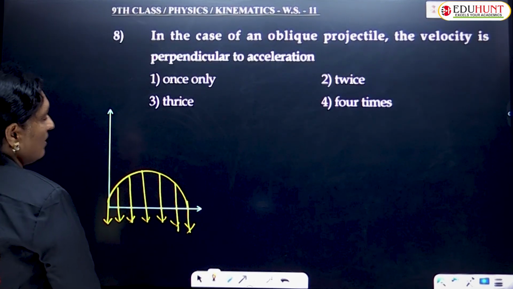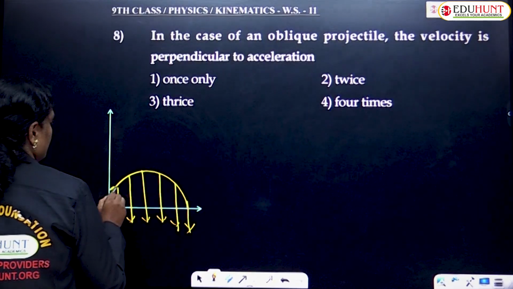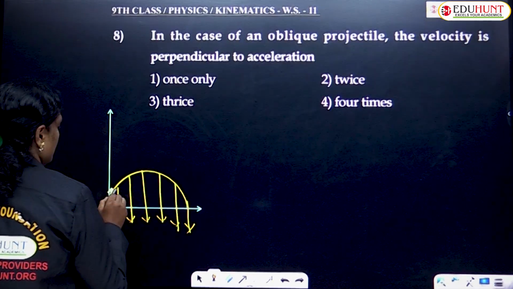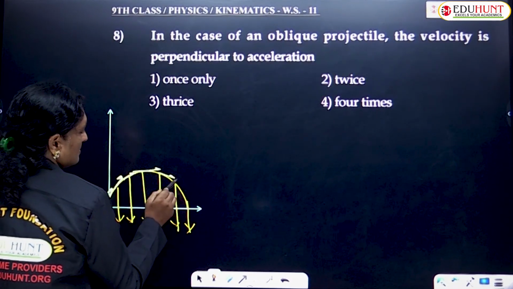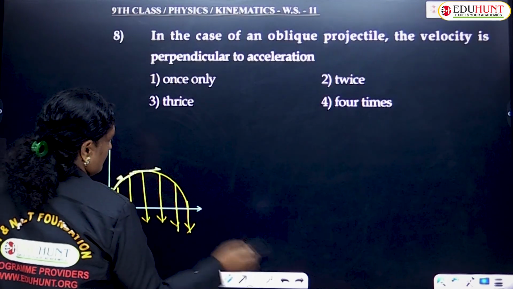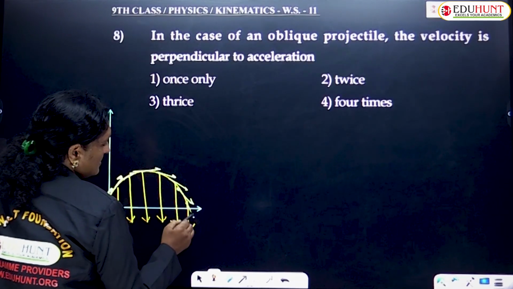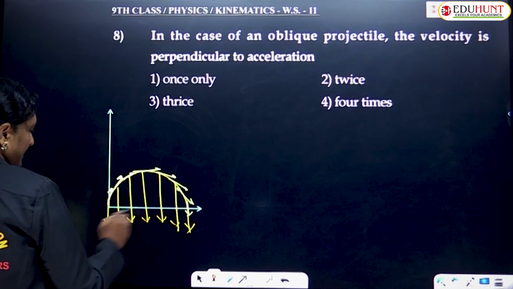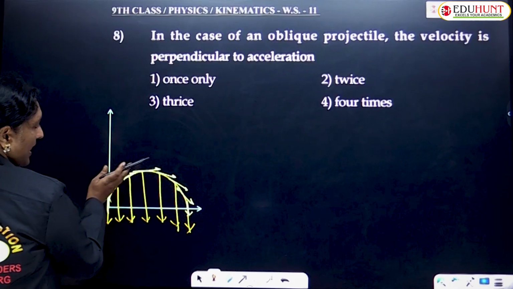But what about the velocity? Everywhere the velocity direction changes. The velocity can be given by the tangent drawn at that given position.